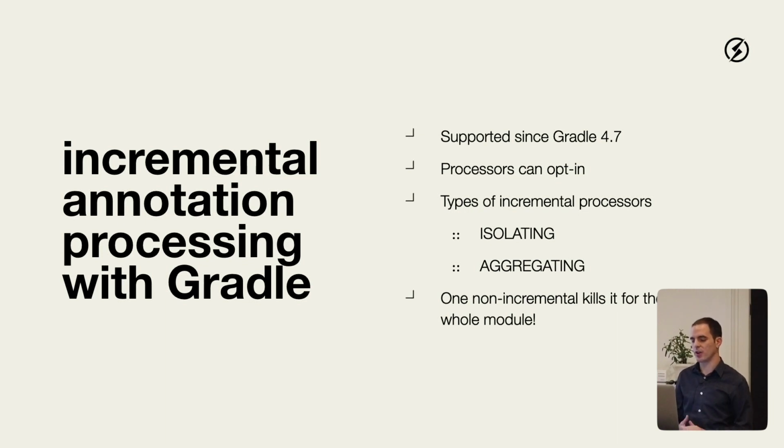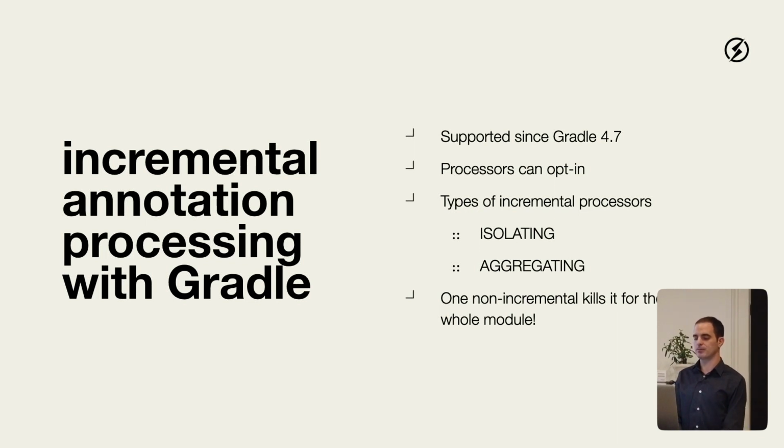The first is the isolating type. This can read one element of one type and emit some source code only based on that element. So for example, I have a class which has an inject annotation on it, and I want to generate a factory which can create a new object from that class. This can be done by an isolating processor.